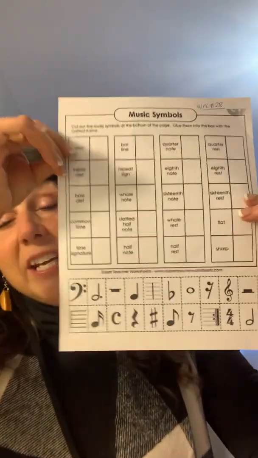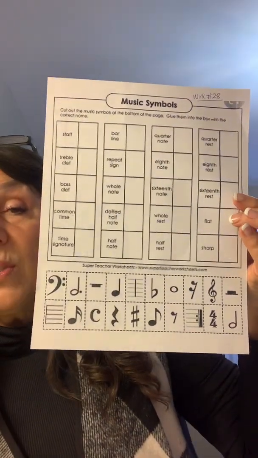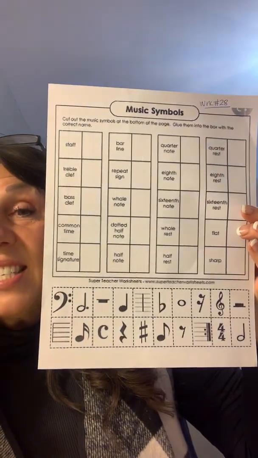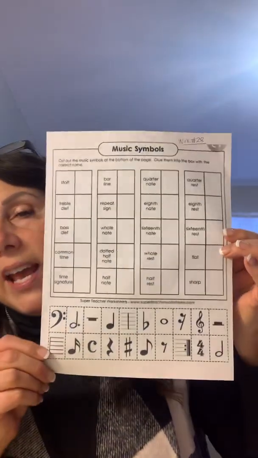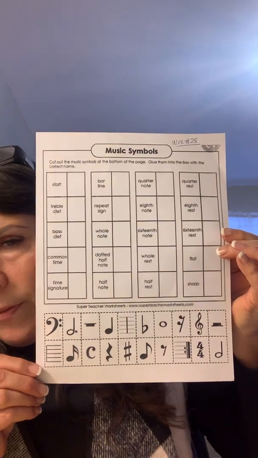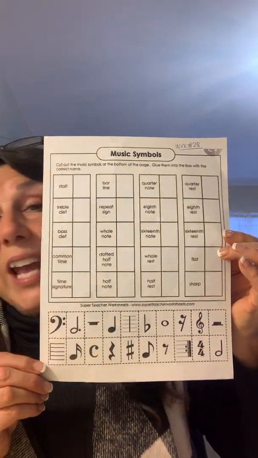When you look at your worksheet, I needed to go over that because there were actually some of those 16th notes and 16th rests in there. I think we briefly touched on that, but I know we actually hadn't played any. They're quite quick notes. So if I were to play a whole note, I would count 1, 2, 3, 4.